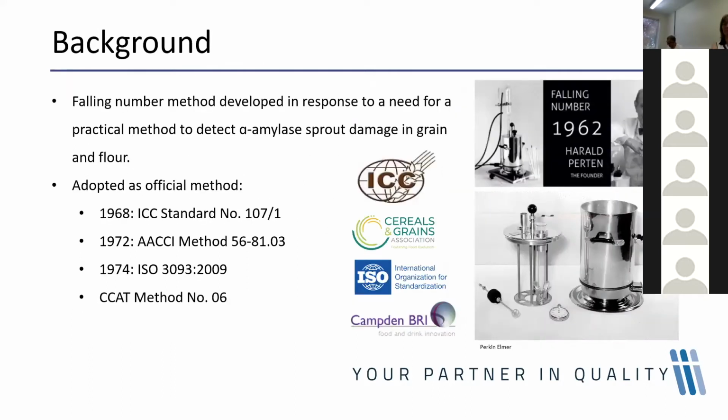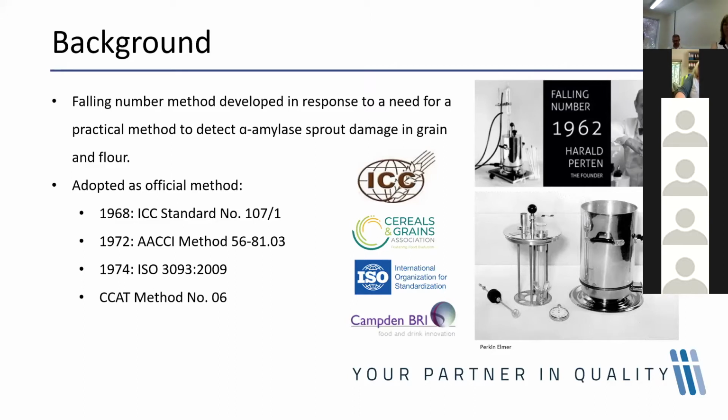So a very brief background. The Hagberg Falling Number method was developed in response to a need for a practical method to detect alpha amylase and sprout damage in grain and flour. This was a collaboration between the founder of Perten, Mr. Harold Perten, and Sven Hagberg, when they were employed at the cereal lab of the Swedish Institute for Crafts and Industries in the 1950s.